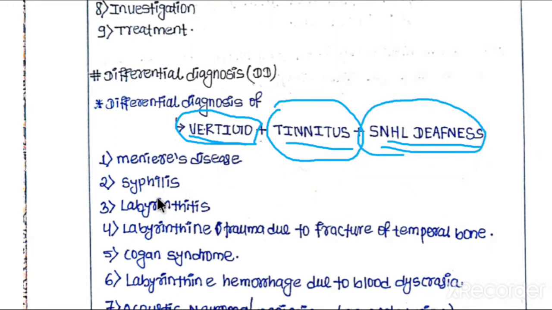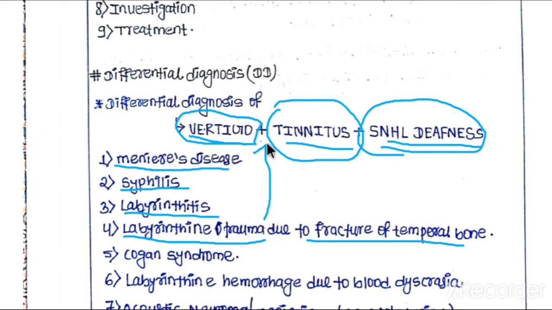First of all, Meniere's disease is the most common for these symptoms, and then syphilis, and then labyrinthitis, which is inflammation of the inner ear, and then labyrinthine trauma due to fracture of the temporal bone. Since the labyrinth, the cochlea and semicircular canals, are present in the petrous part of the temporal bone, a fracture may lead to trauma within the labyrinth and this triad of symptoms.